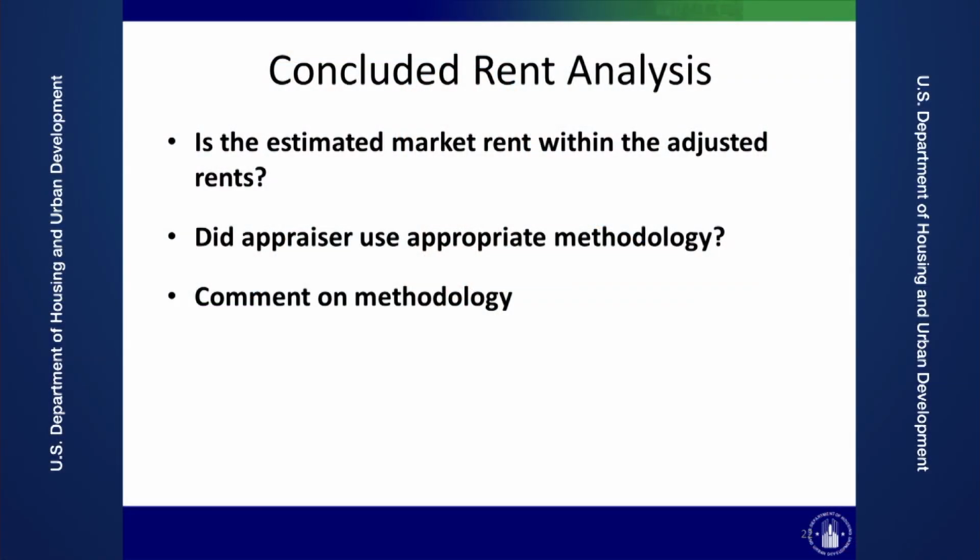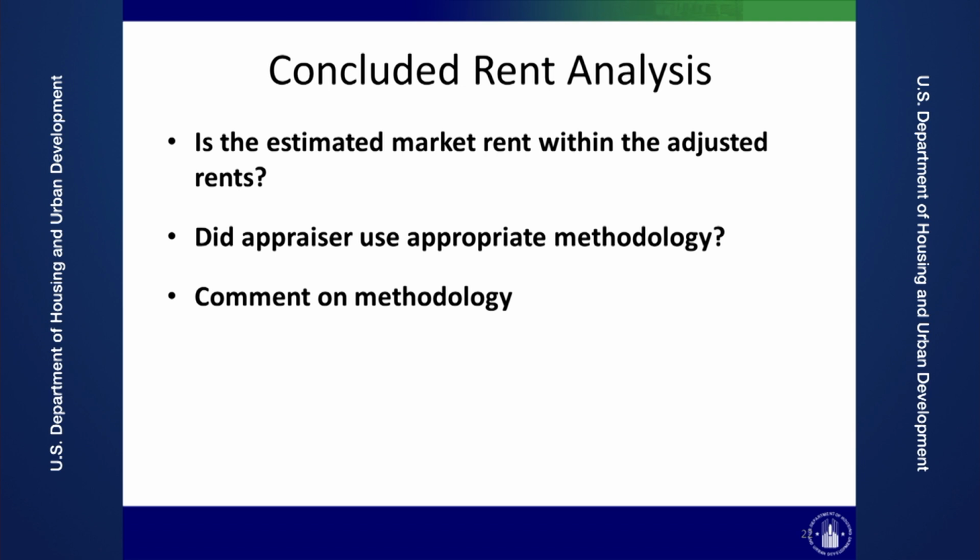In the middle of the form, the next to last section is what's called the concluded rent analysis. A couple of questions here need to be answered. And those are, is the estimated rent within the adjusted rents?